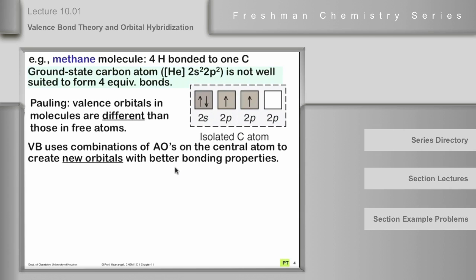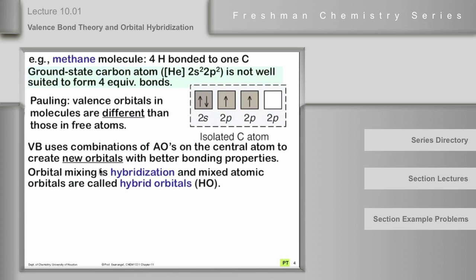Specifically, I'm going to show you that we will be able to use the VSEPR model to predict exactly what hybrids we're going to use. Such orbital mixing we know as hybridization. The mixed atomic orbitals that you get from doing this hybridization are called hybrid orbitals, and I frequently abbreviate them HO.